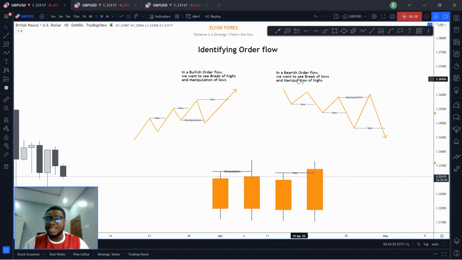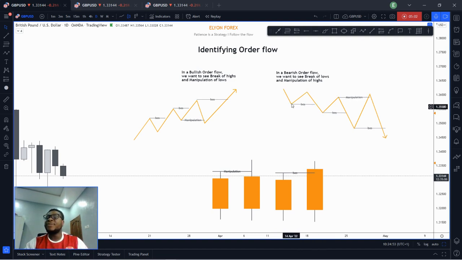So on the other hand, in a bearish order flow, we want to see the market break lows as a break of structure and not touch the highs. But even if it will touch the highs, we want to see it touch the high as a manipulation. So as we can see here, the market created a high and a low. After the low, it created a high. And after the high, we saw that this high broke the structure to the downside.